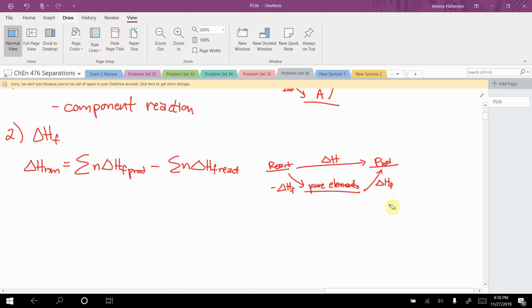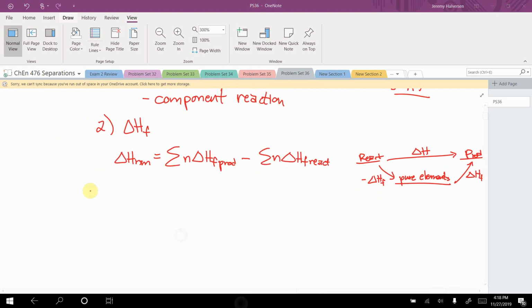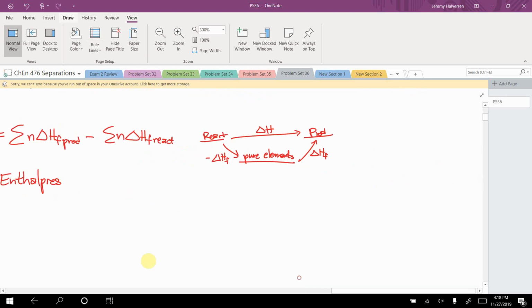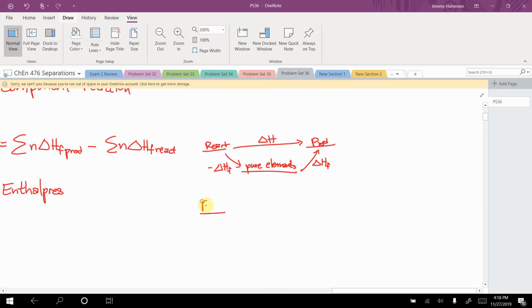The last way that we talk about is using bond enthalpies. With bond enthalpies, I'm doing something very similar. I've got my reactants and I've got my products, and I want to get the delta H from my reactants to my products.